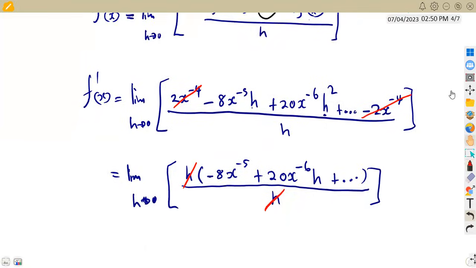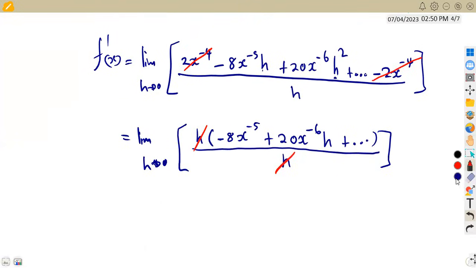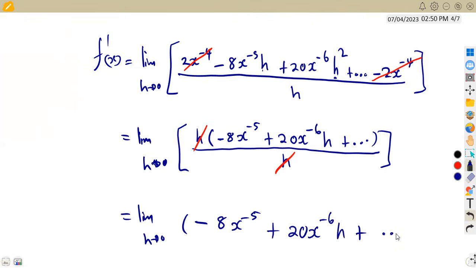Then we are going to obtain our expression as the limit of h approaching 0 of, so this is going to remain as minus 8x to the exponent of minus 5 plus 20x to the exponent of minus 6h plus and so on. These terms contain h. So the moment we take the limit of h to 0, this one will be a 0, this one will be a 0.